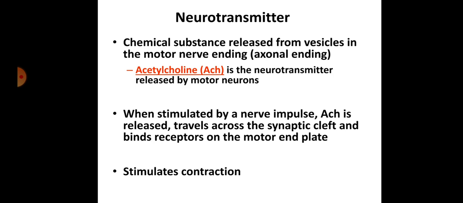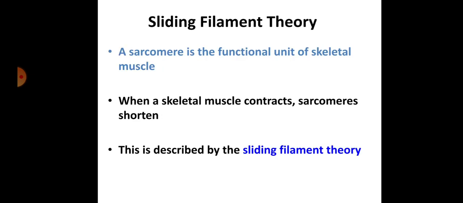This is released by motor neurons. When stimulated by a nerve impulse, ACh is released, travels across the synaptic cleft, and binds receptors on the motor end plate. This stimulates contraction of the muscle.